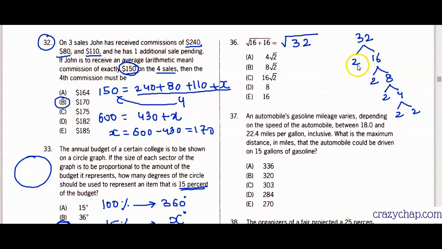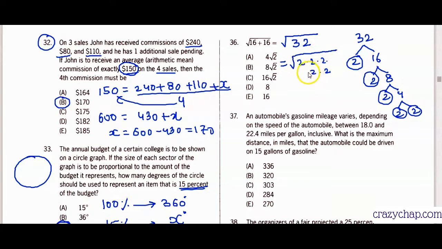So basically we are looking for the factors of 32. Factors of 32 are 2, 2, 2, 2, 2. So square root of 2 times 2 times 2 times 2 times 2.